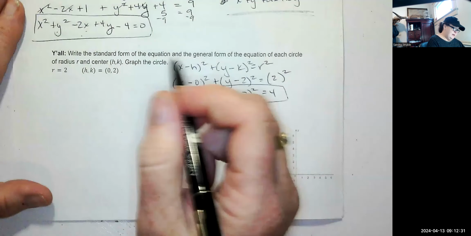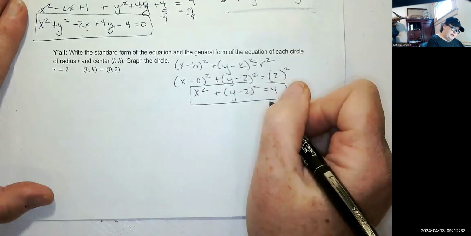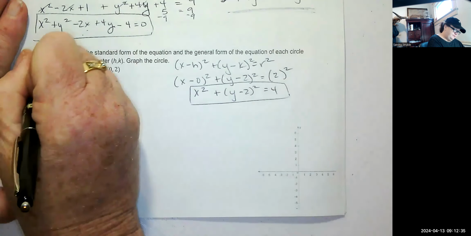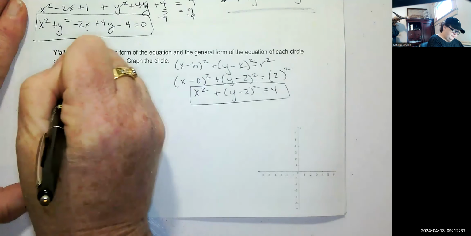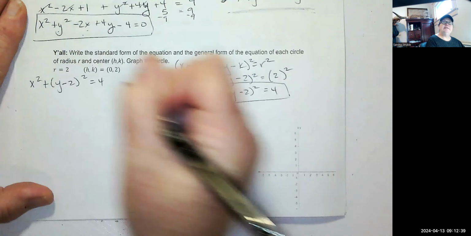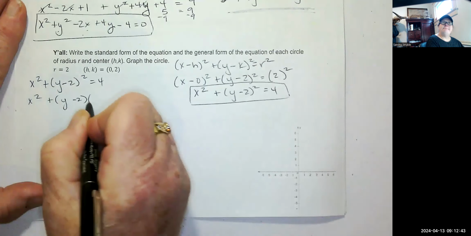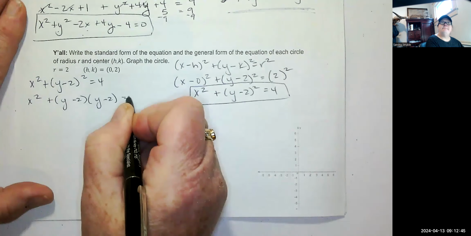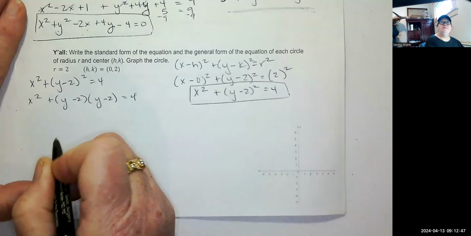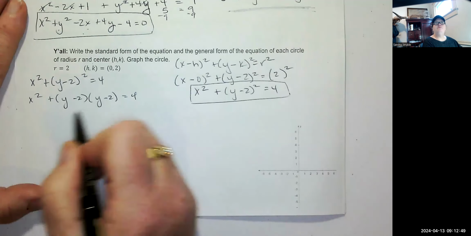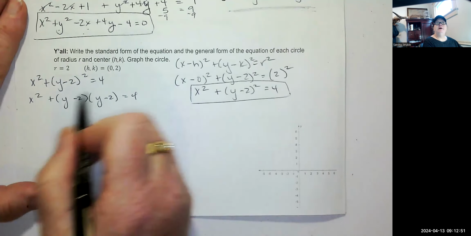All right, and then my general, I'm going to take my standard and expand it. Square, so we have to do 2 times. Box method, FOIL, distribute, whatever you got to do to multiply these out.